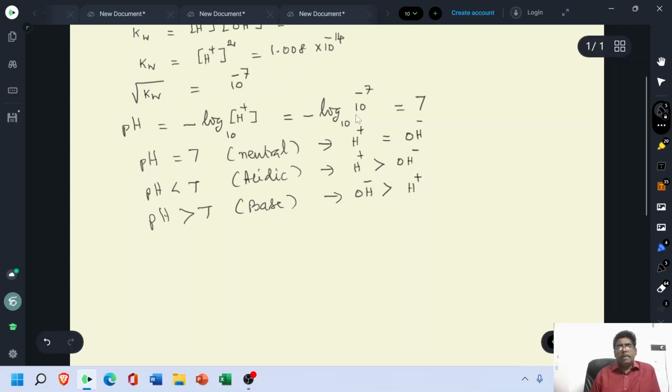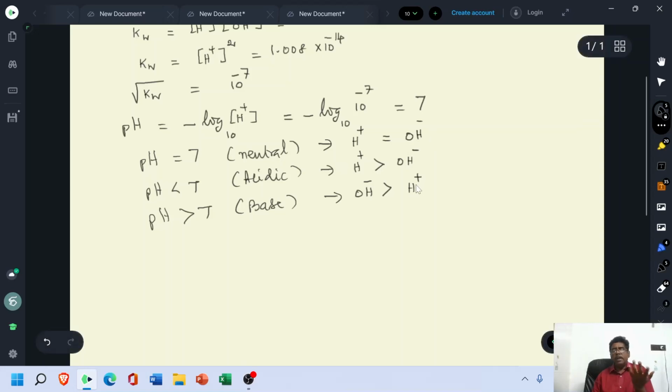Now we may say that pH 7 is called neutral, which means that the number of H plus ions should be equal to the number of OH minus ions. Then only we can call that one as neutral. If there is some imbalance in the H plus and OH minus ions, then we can classify that one into two categories.